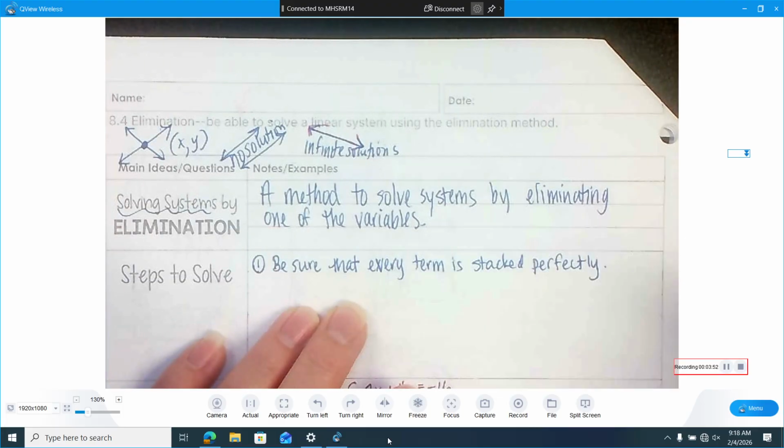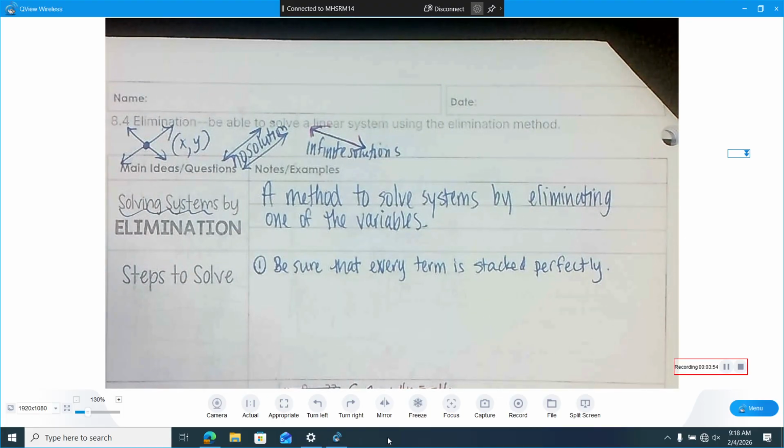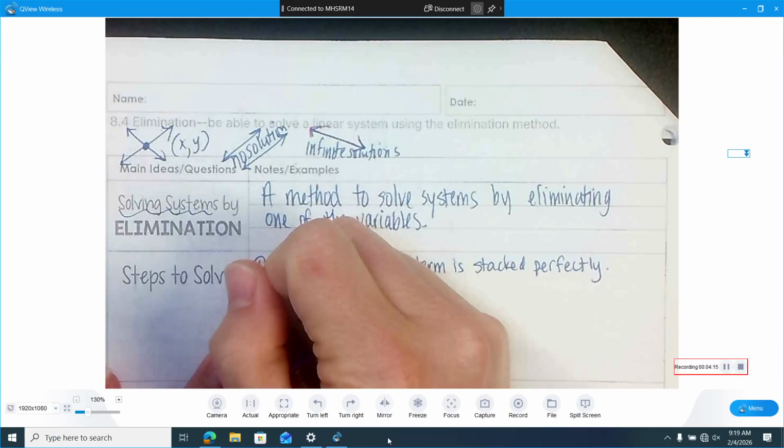All right? Stacked perfectly, meaning I want everything nicely lined up. I want my X things on top of each other, I want my Y things on top of each other, and I want my numbers on top of each other with the equal sign stacked as well. Everything needs to be perfectly lined up, perfectly stacked, okay? So that's the first step. Make sure everything is perfectly stacked.